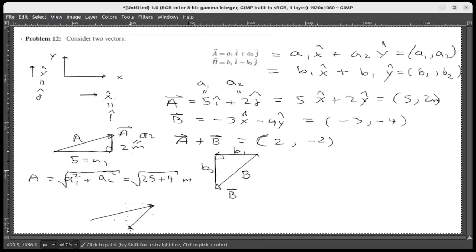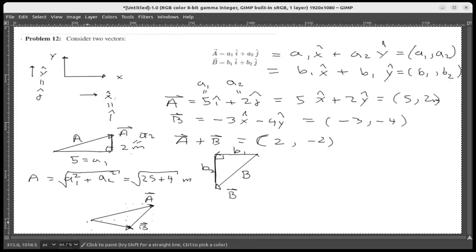So here's A and B. And I've just kind of roughly scaled it. Here I can see the sum vector starts from here and goes down to here. And let's see if it looks right. It says to go 2 in the x direction and -2 in the y direction. So it's not quite square, so my scaling is a little off.